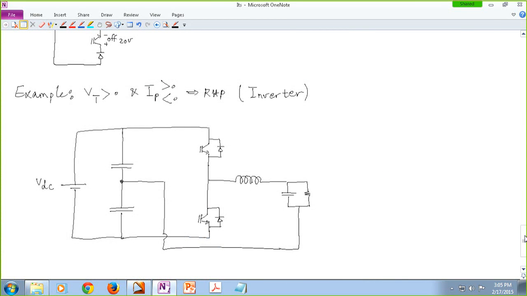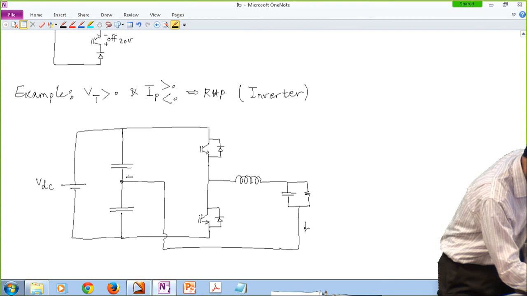And because this is an inverter, this current is an AC current. So when you're splitting a DC voltage using two capacitors, you have to make sure that the current going into these two caps on average should be 0.